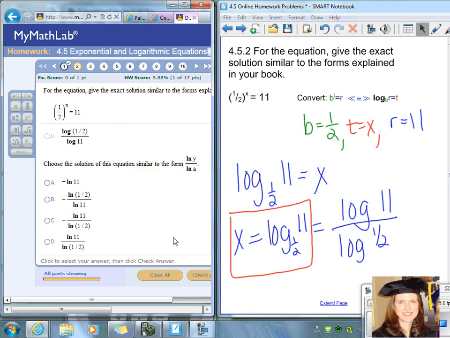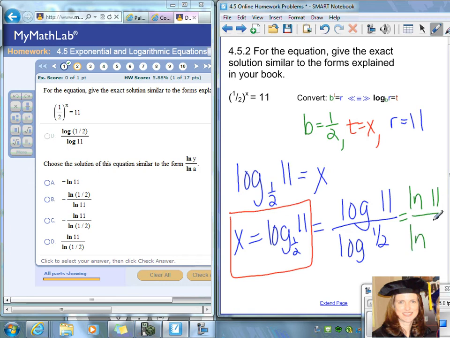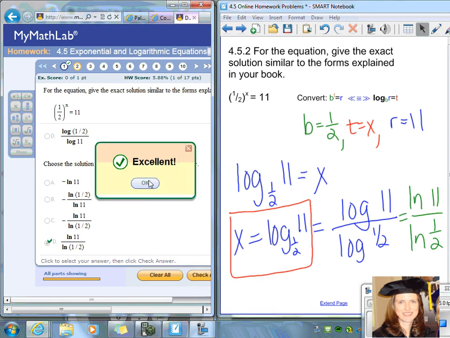And then the last part of this is using the alternate form of the change of base formula. Log of 11 divided by log of 1/2 is the same thing as the natural log of 11 divided by the natural log of 1/2. So you can either write log using the change of base formula or the natural log. So make your choice and check your answer.